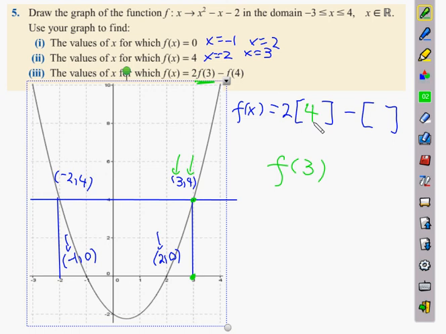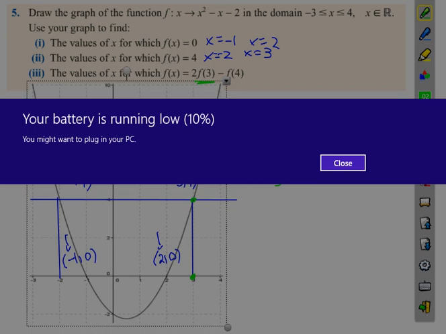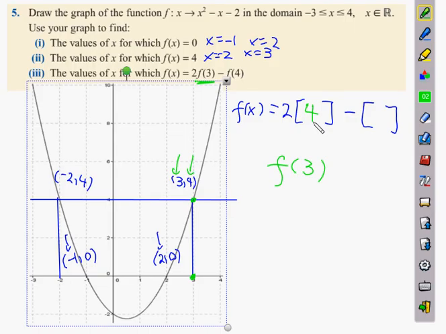What about f of 4? What about when the input is 4? Bushin, input of 4. Where is an input of 4 located? X equals 4. And you go up to the graph. 4, 10 means when your input is 4, your output is 10.